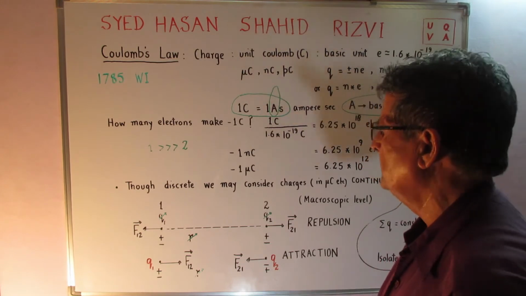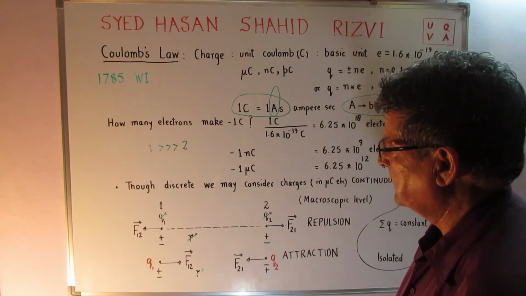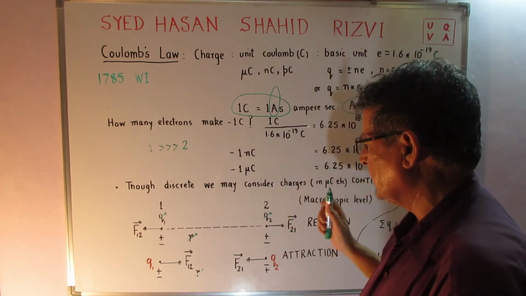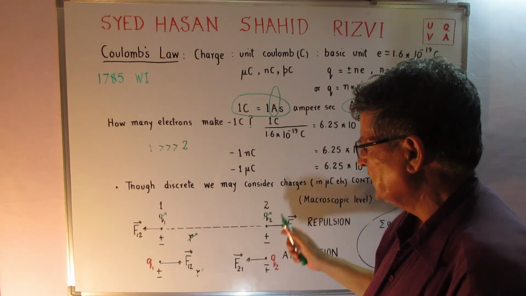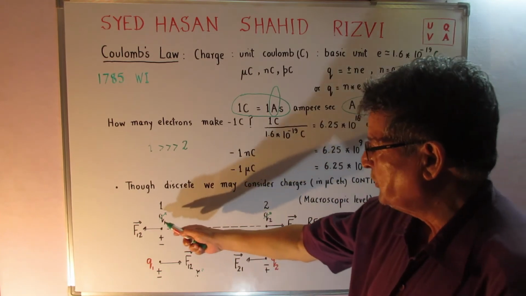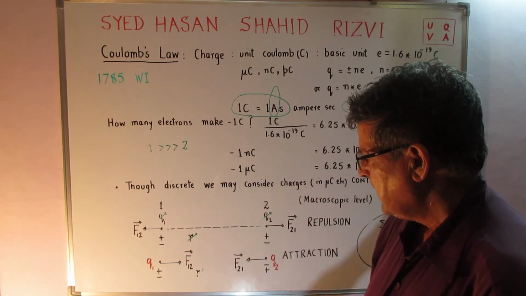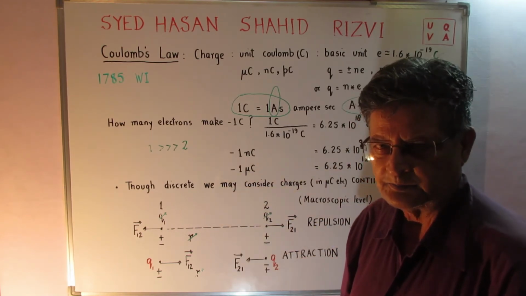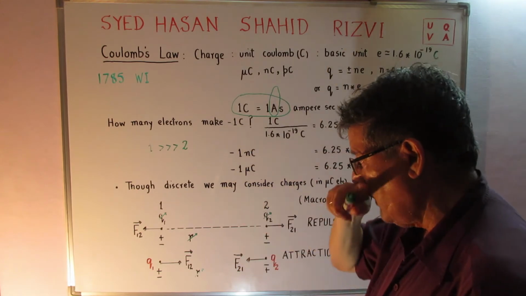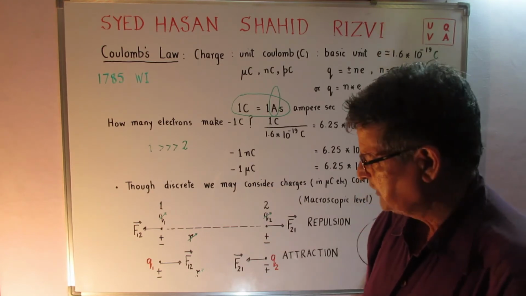So consider this system, and then what was found and deliberated by Mr. Coulomb was that the force of attraction or repulsion because of these two charges, the magnitude of that is proportional to the magnitude of Q1, is proportional to the magnitude of Q2, and is a function of R. And in the case of Newton's law of gravitation, the force was proportional to 1 upon R square, which is the inverse square law.